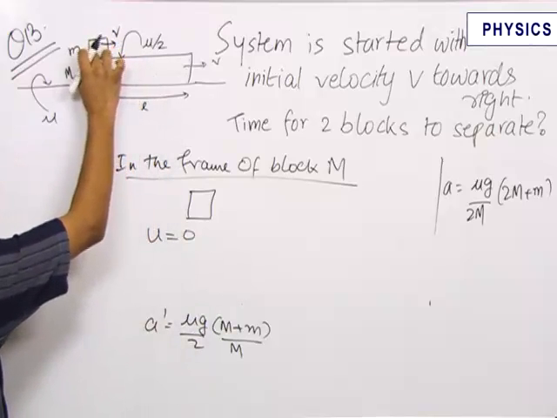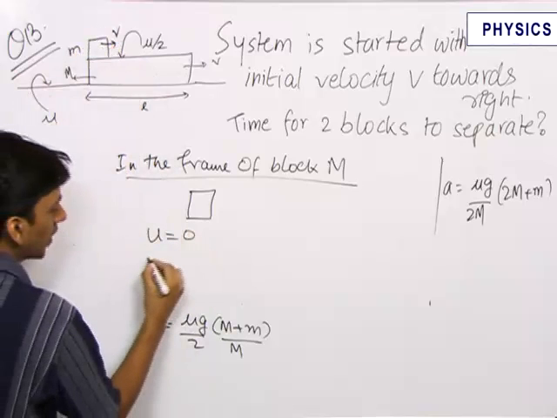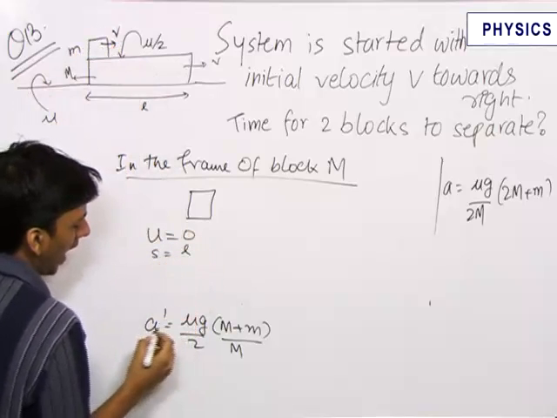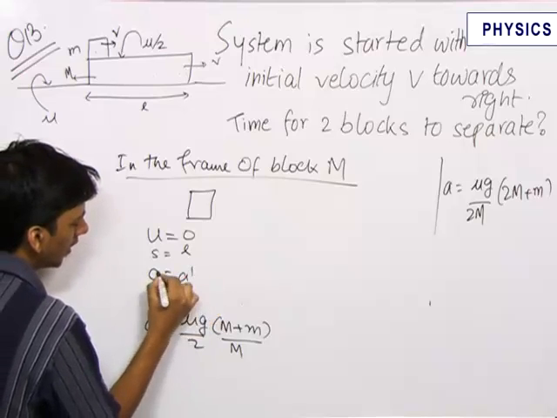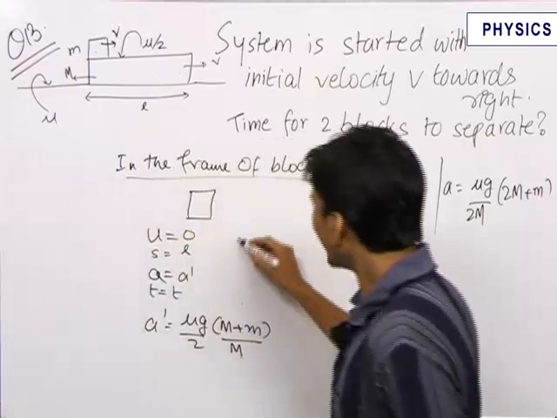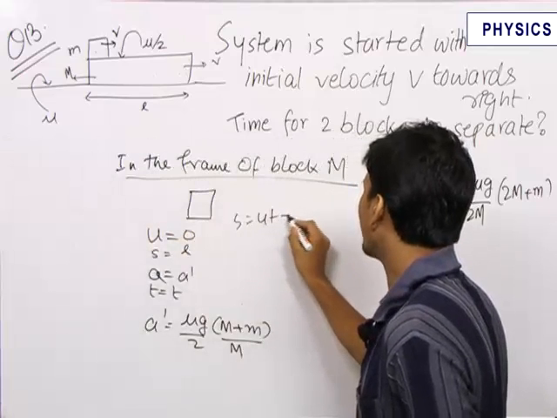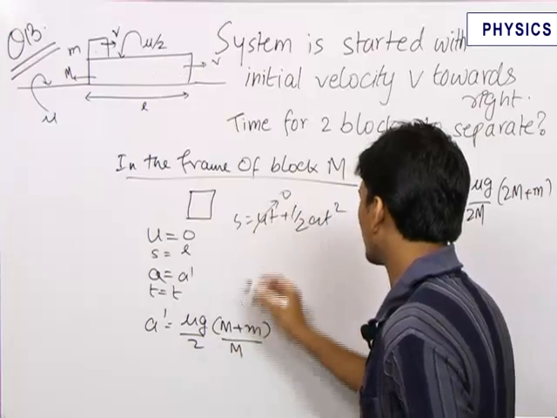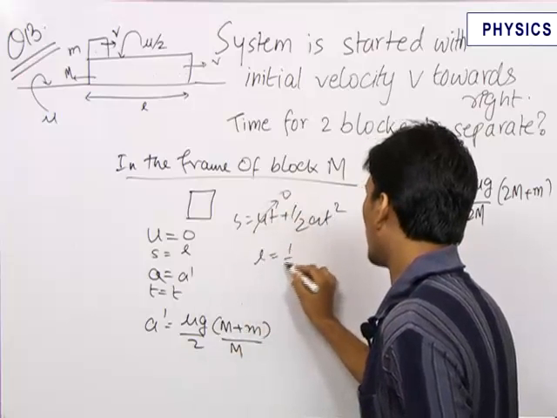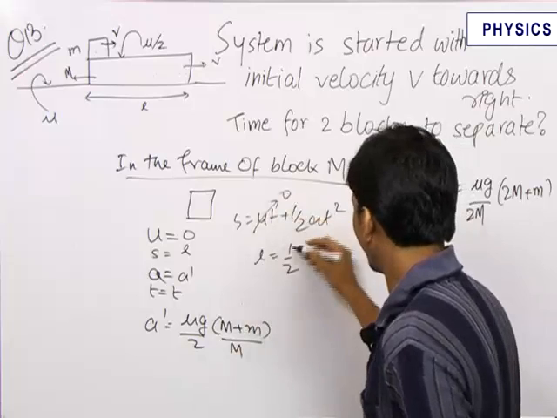So the initial velocity with respect to this frame was 0. Displacement is equal to L, acceleration is equal to a dash. Let the time taken be equal to t. We write the equation S is equal to ut plus half at square. This becomes 0 because the initial velocity was 0. L is equal to half a dash t square.